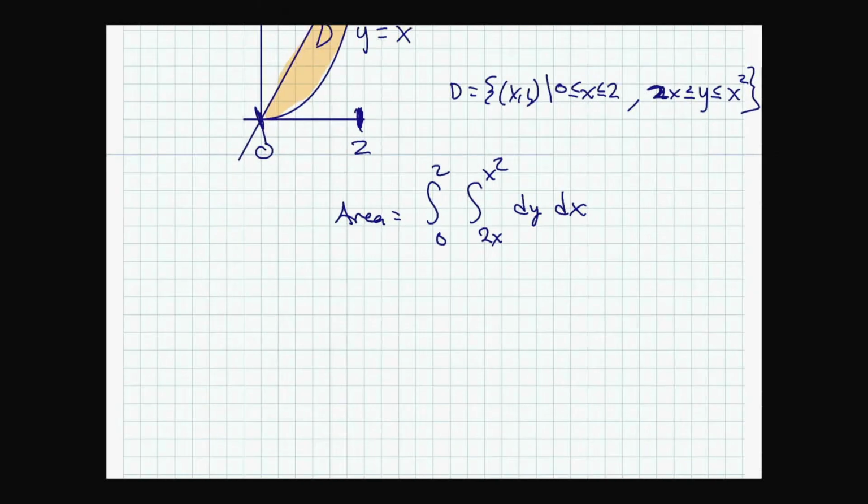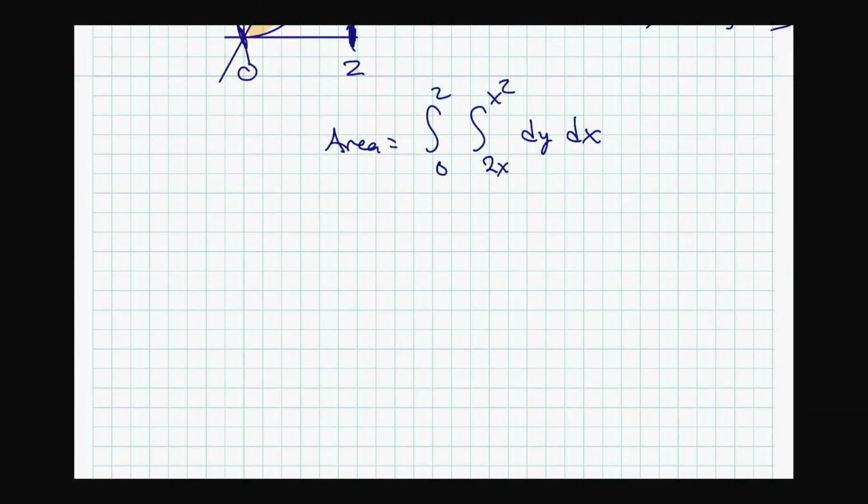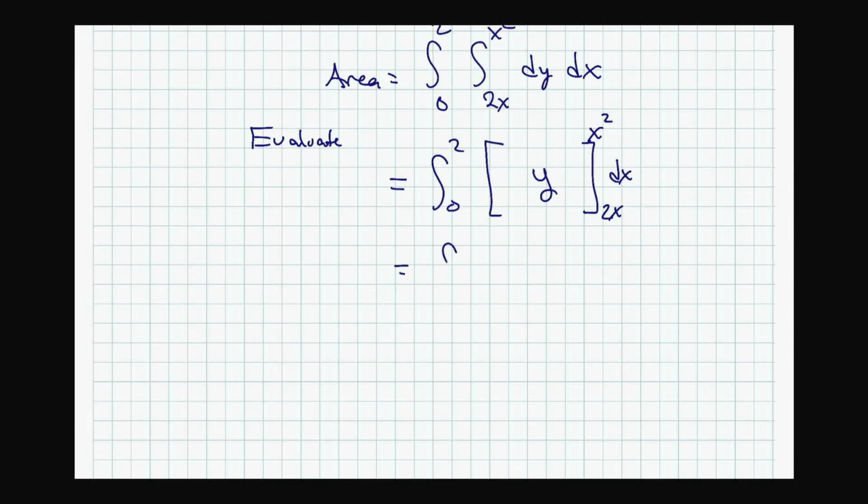Now, if we actually evaluate this, if you integrate 1 dy, you just get y, evaluated between 2x and x squared. And so you get the integral from 0 to 2 of x squared minus 2x dx.